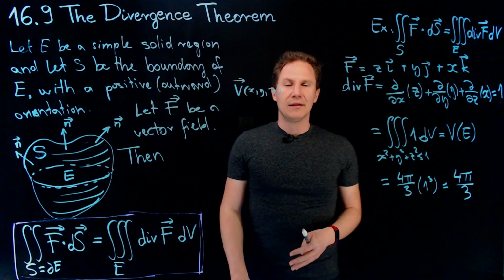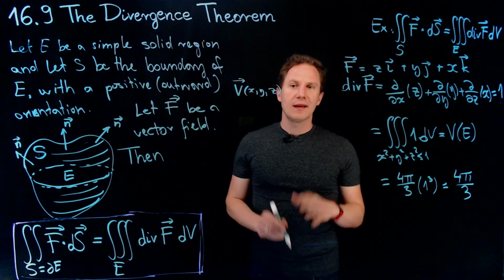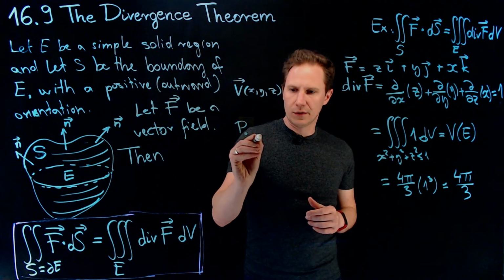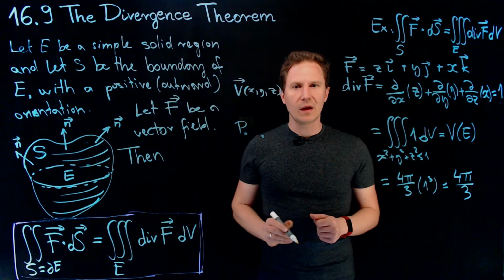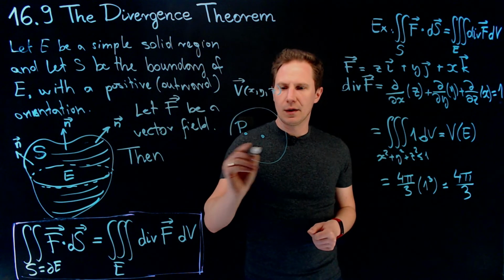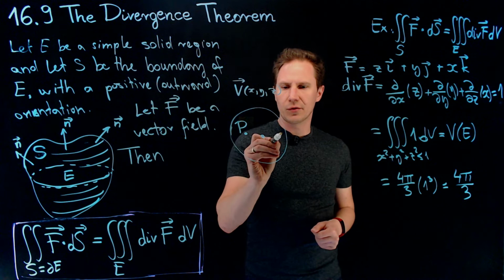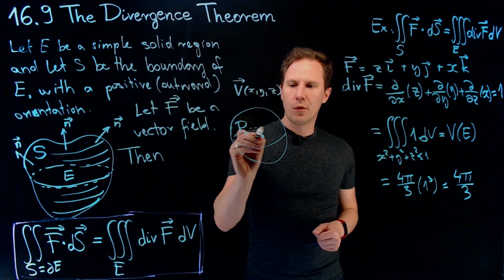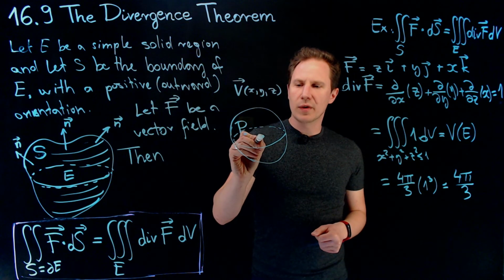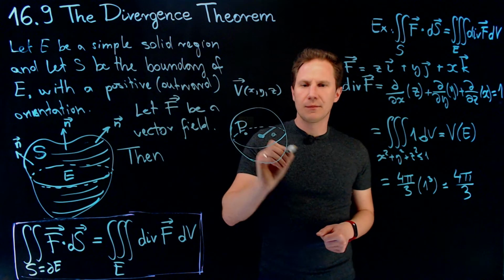Okay, and what we can do is take a point in space, P naught, and draw a little ball around it. I will exaggerate in this drawing. So take a ball centered at P naught, with some small radius a.